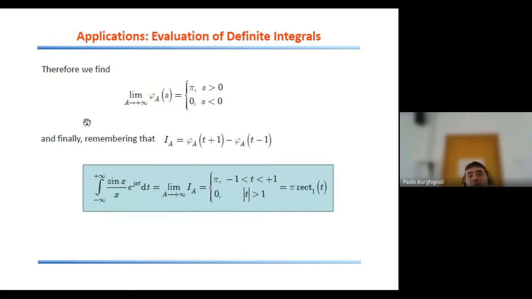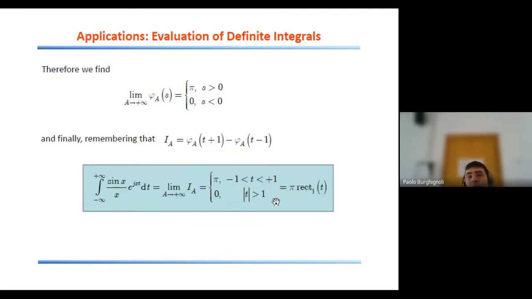And finally, coming back to our original integral, I sub a, since I sub a is the difference of the function phi sub a evaluated once at t plus 1 and another time at t minus 1, we are able to find the final result, that is the integral from minus infinity to plus infinity of the sinc function times the complex exponential e to j x t, which is nothing but the Fourier transform of the sinc function, that's equal to a constant equal to pi inside the interval between -1 and +1 and 0 outside.